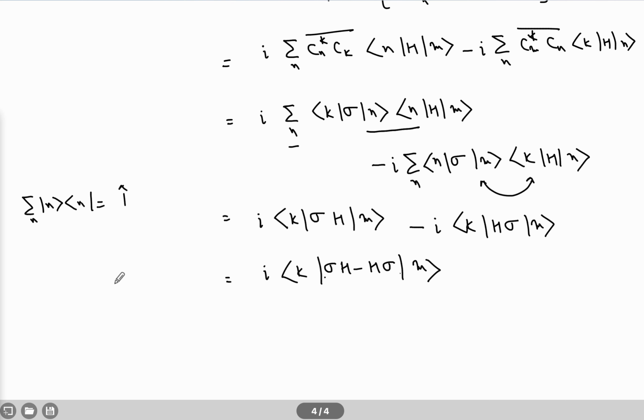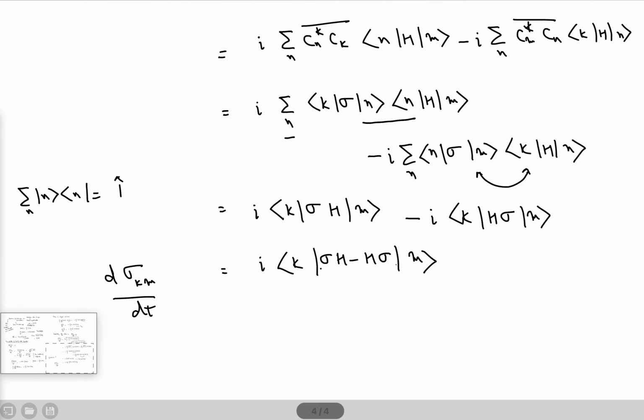So where we started with d sigma_km by dt, the time evolution of a matrix element is given by this.